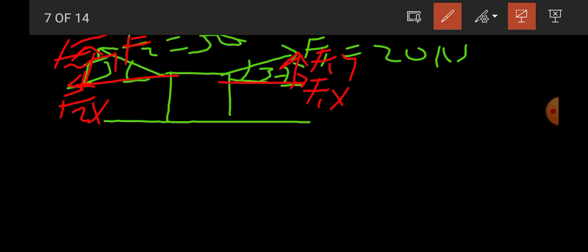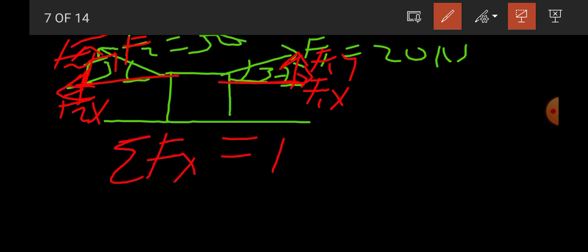So now, since we are asked for the total force experienced along the x axis, F1 of x and F2 of x are in opposite directions, so the summation of force along the x axis is equal to force 1 of x minus force 2 of x. We have no other x component force. So F2 of x minus F1 of x is equal to the net force along the x axis.